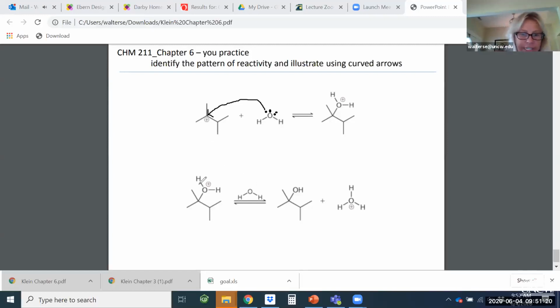And if we look down here, what we have to do is we have to take this cation and make a neutral species. And so we have to lose, we have OH here, and we have H2O here, and we have to make H3O plus here. So again, we need lone pairs of electrons on our oxygen.